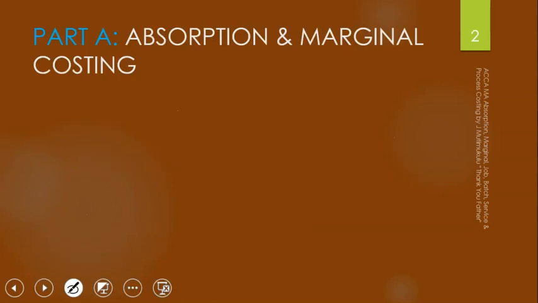Now, absorption and marginal costing. In our previous lectures, we have already tackled these two main costing techniques. They are considered main costing techniques because they are fundamental to the principles of management accounting. Most of the theories and modern techniques are based on these two theories.